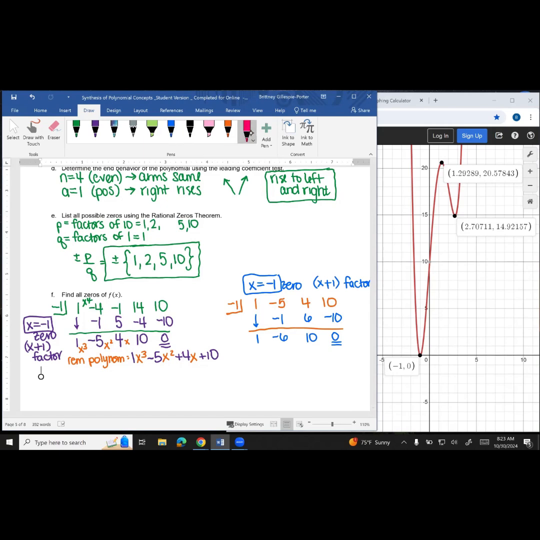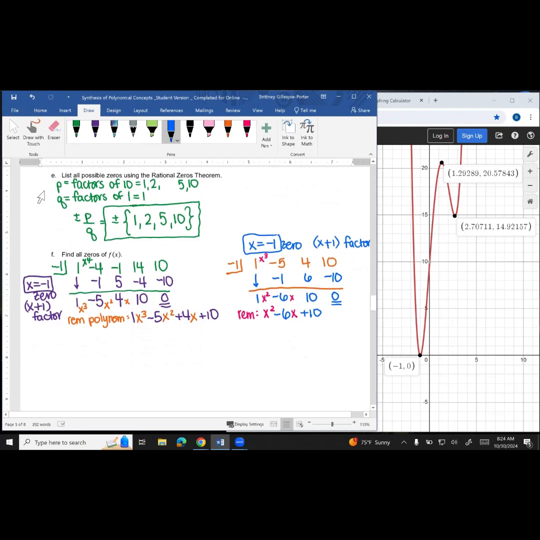We also found out another remainder polynomial. We had started with an x cubed and we dropped to an x squared. So our new remainder polynomial is going to be 1x squared minus 6x plus 10. We're going to use that to solve for our remaining zeros.